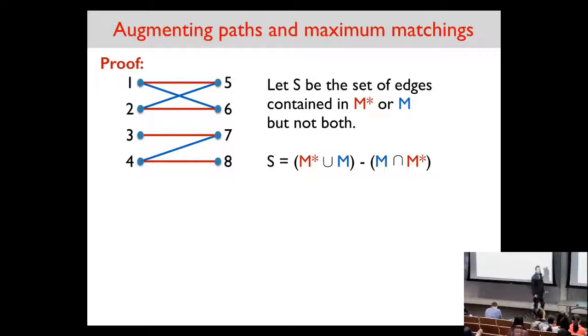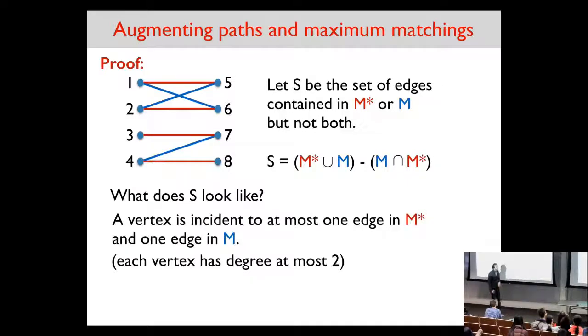So what can we say about S? What observations can we make about the set S? In this graph I eliminated that black edge, so it's now only red and blue edges. What does S look like?